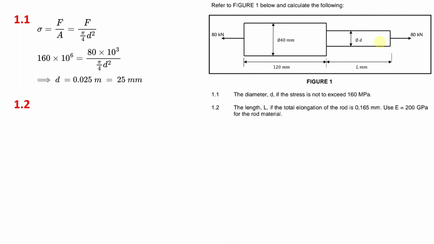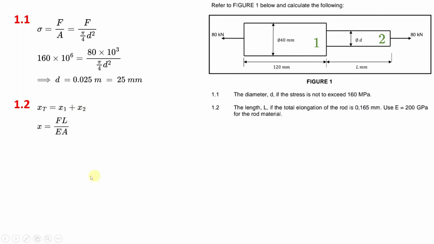But the total stretching of the object will be equal to the stretching of this segment plus the stretching of that segment. Let's call this segment 1 and the other segment 2. Then the total stretching of the object will be equal to the stretching of segment 1 plus the stretching of segment 2.